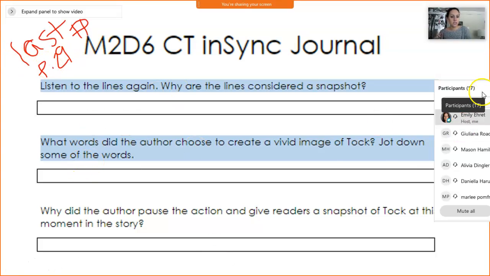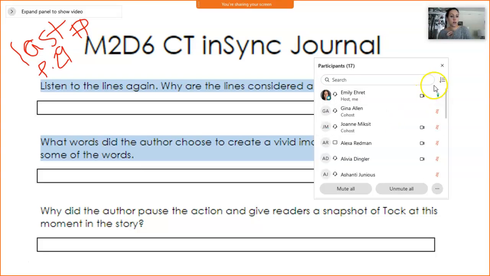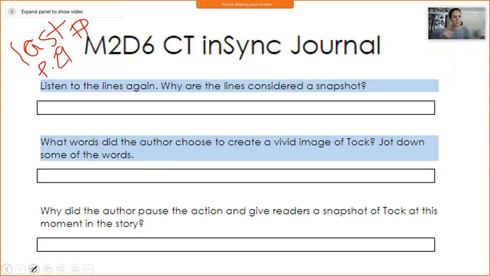You're going to answer these 3 questions. When you are done answering those 3 questions, you're just going to put your hand up in the participants box so we can move on. And I'm going to pause my recording so the kids who are watching this video don't have to just stare at me waiting for you.